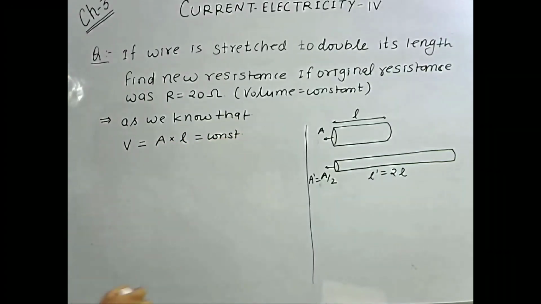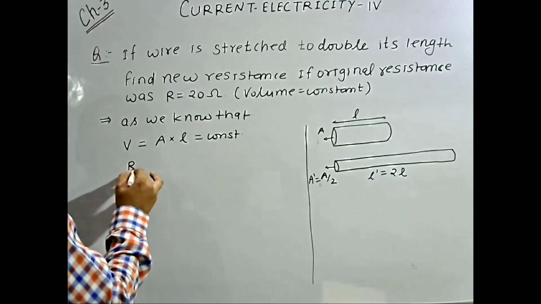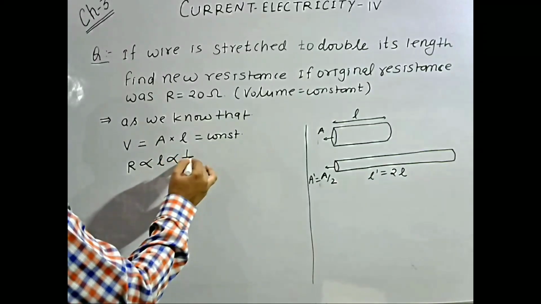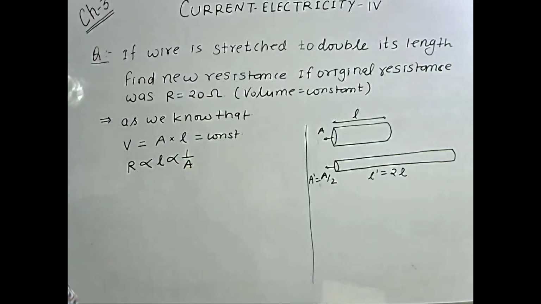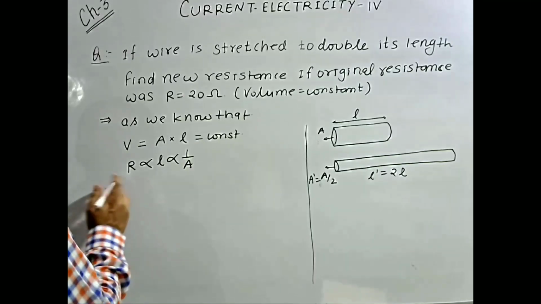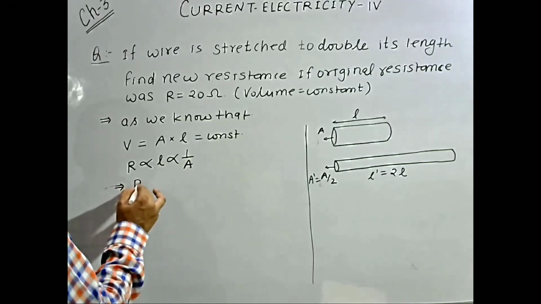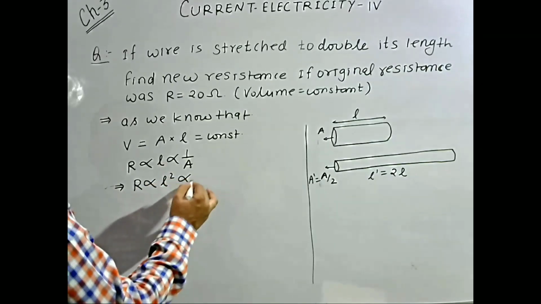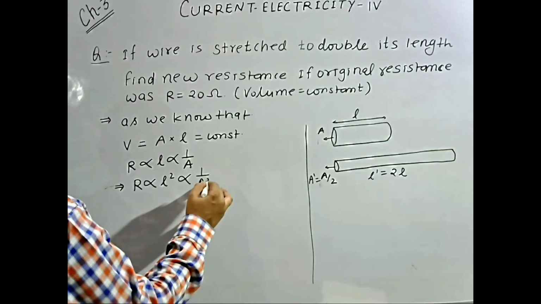And we know that R is directly proportional to L and inversely proportional to A. So replace this here. We have R proportional to L square or inversely proportional to A square.